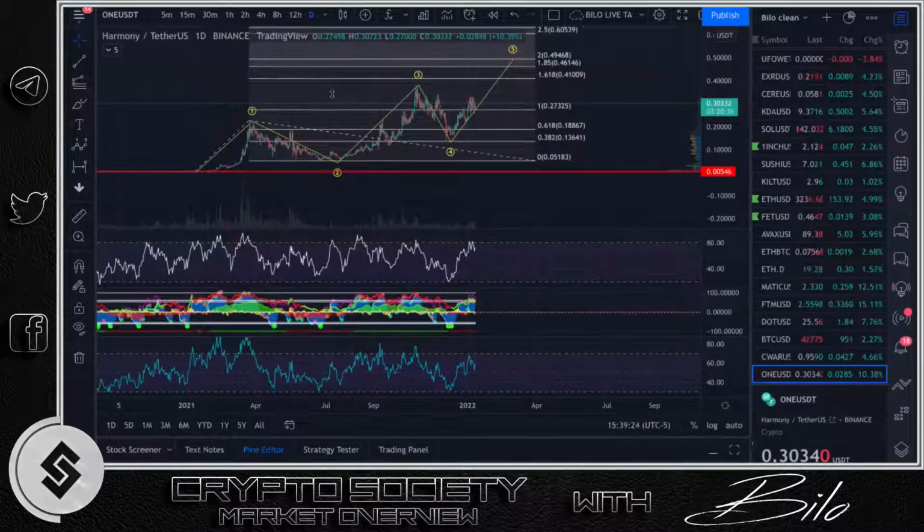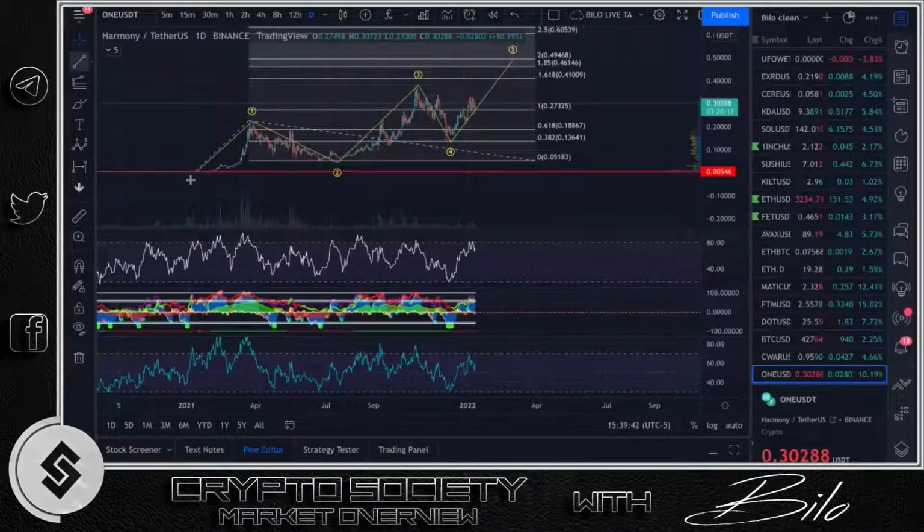But we're not in a diagonal. For it to be a diagonal, you would have to see wave 3 being smaller than wave 1, and then wave 5 would be the smallest wave. So it's not a diagonal, and we dropped below and stayed longer for a while. So it's something totally different.